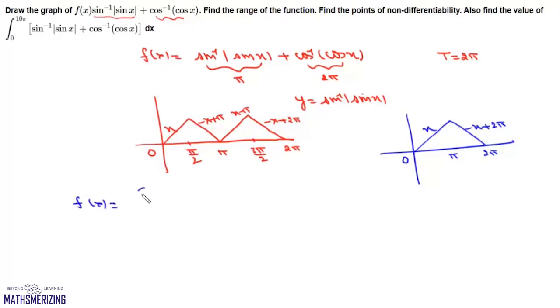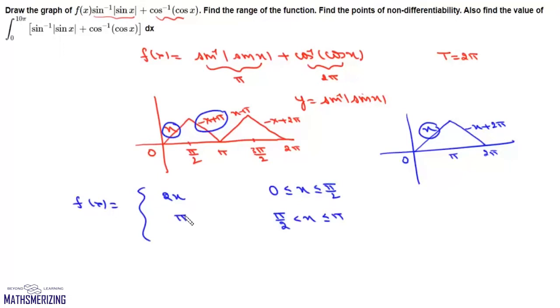Now we'll write definitions for this function f(x). First definition is when x lies between 0 to π/2. Between 0 to π/2, both the definitions are x, so it will be simply 2x. From π/2 to π, here the definition is −x + π, and here it is +x.